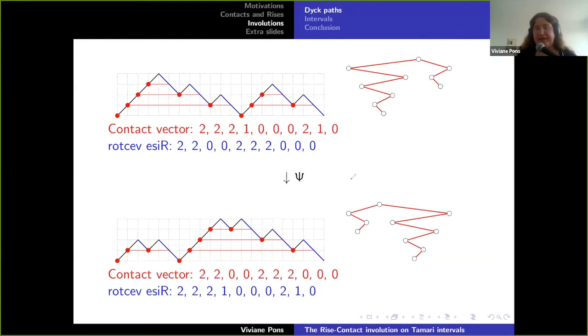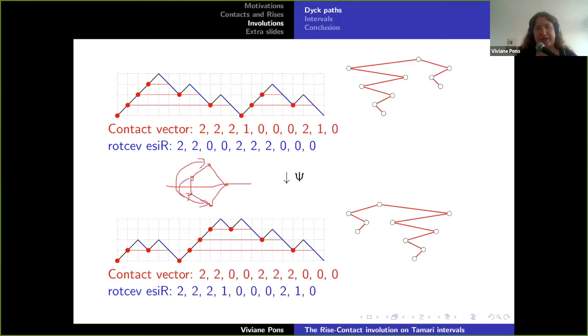On the Dyck path, it's not so easy to directly read, but it's also natural, especially in the context of the Tamari lattice, because here I'm drawing a small Tamari lattice of size 3 with the 5 elements. The Tamari lattice has this up-down symmetry, and this transformation is just the one following this symmetry.